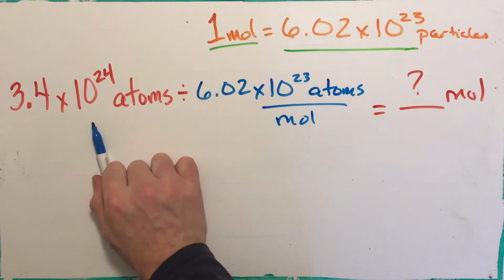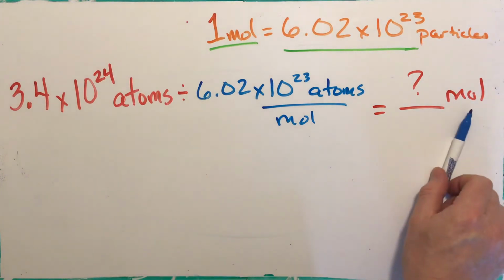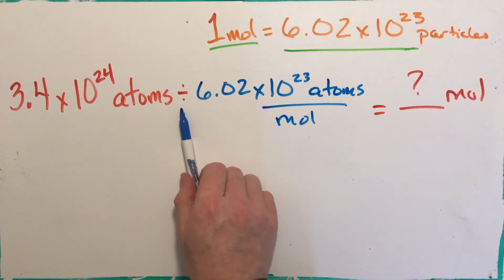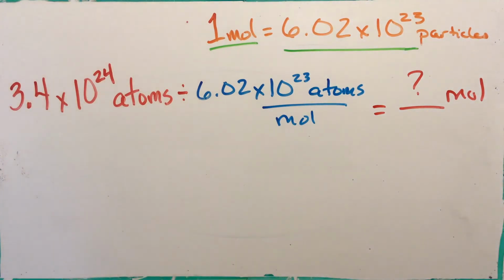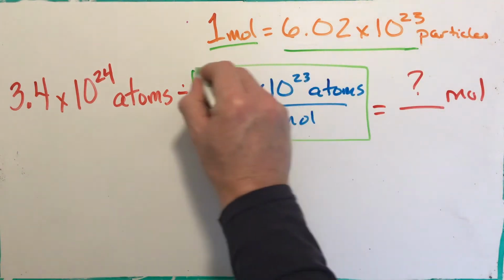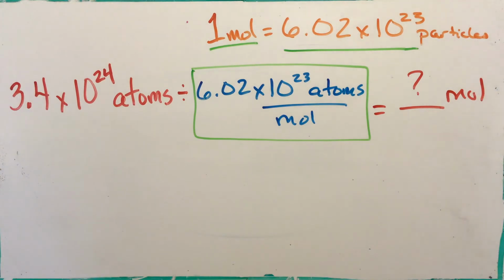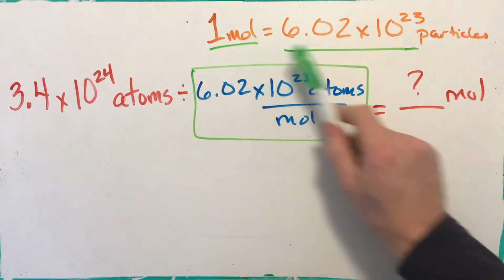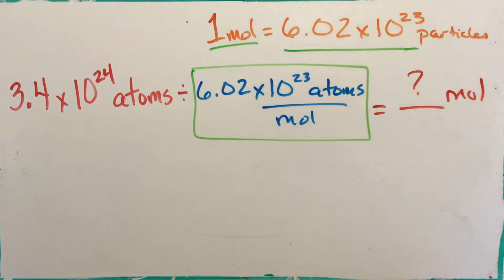So I started with individual particles. I want to go to moles. I'm dividing by my conversion factor. My conversion factor was this relationship here. That doesn't change. That's a statement of this fact: 1 mole is 602 hexillion of something.